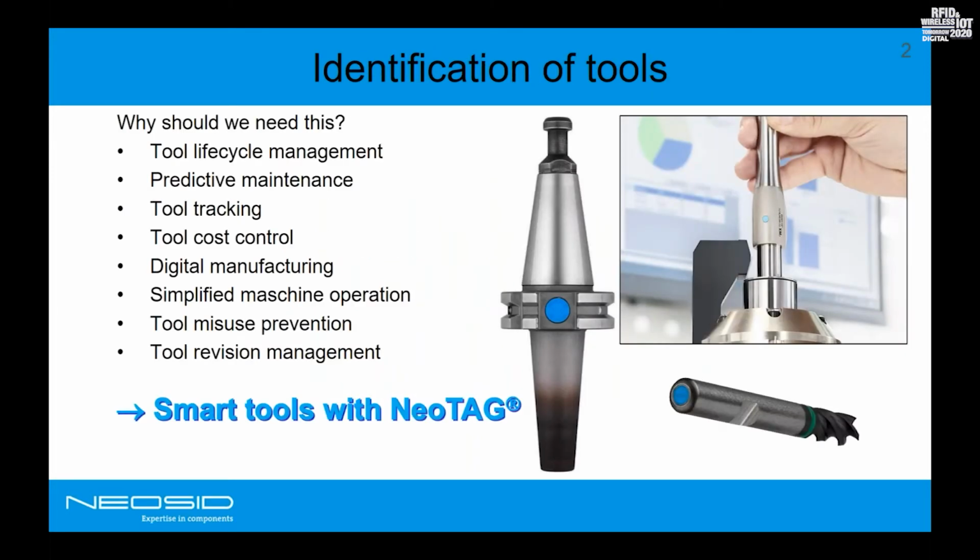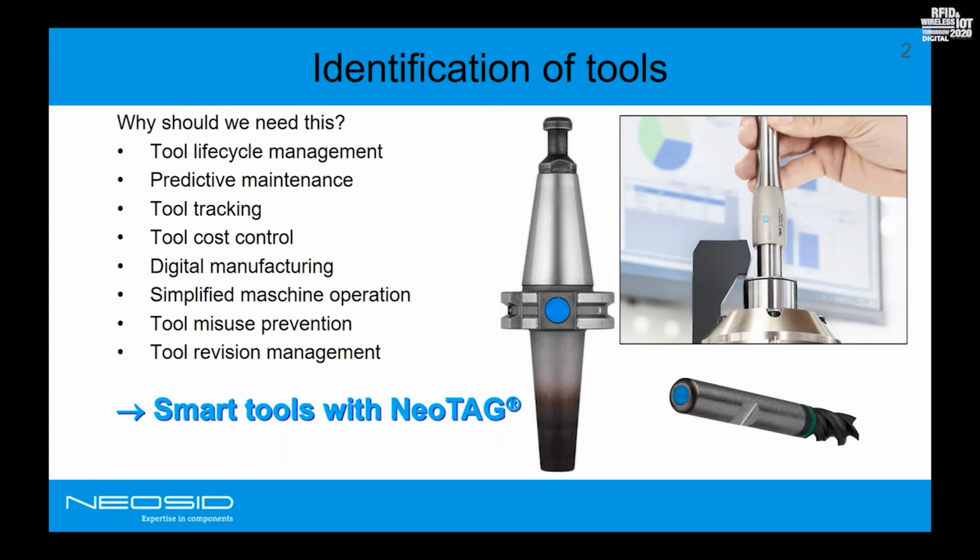What is identification of tools? What is the reason why we do this? In different customer projects, we see transponders in tools which do life cycle management. So you can find end-of-life recognition of such tools.